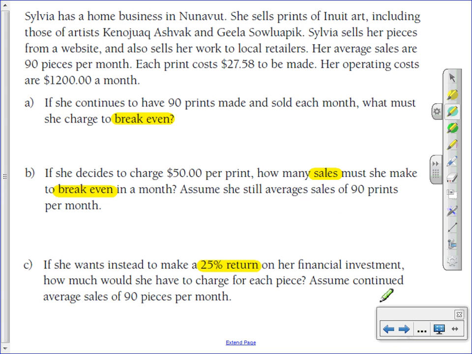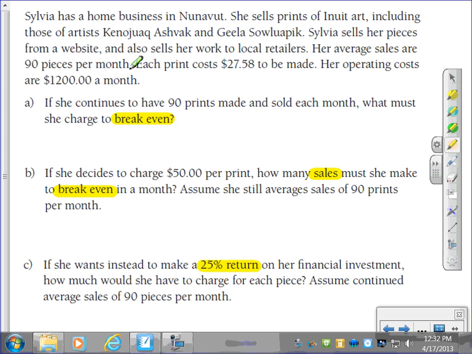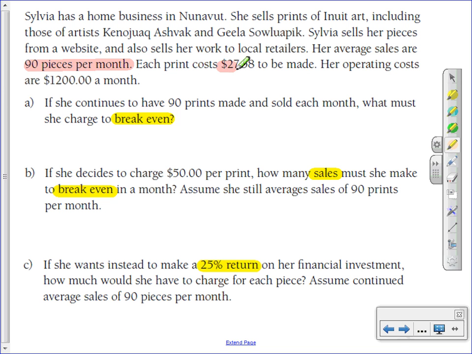You're also going to have to do some calculations. So this is another home business or another business here. And this is an artist, a person who does Inuit art and also sells other prints from other artists. And the average sales are 90 items per month. And each print is $27.58.